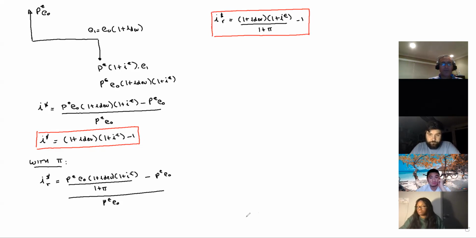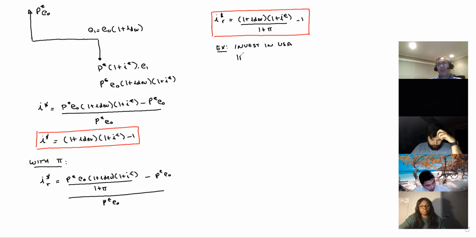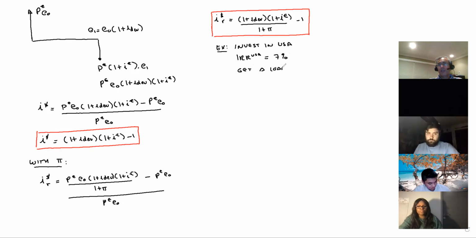Okay, so let's do one example. Imagine, guys, that you want to invest in USA. Assume that the internal rate of return, so the profitability of the business in USA, is going to produce 7%. Assume that you get a loan in Europe, in euros.